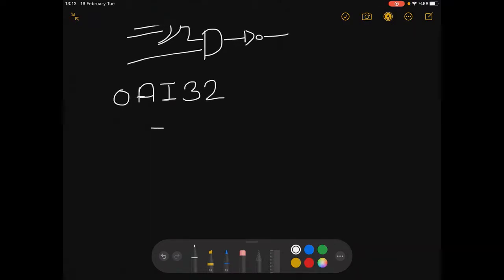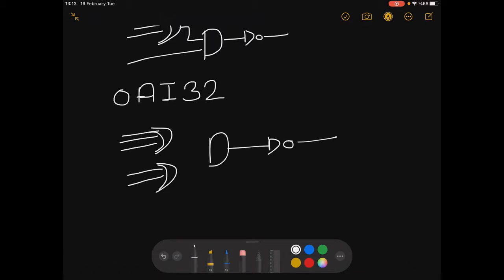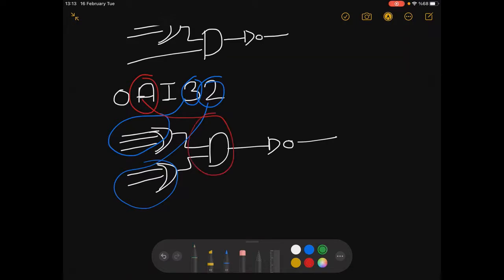What do we mean by this? We have two OR gates connected to an inverter. Have 3, 2, connected to. This is how it goes, right? This one is this one. This one is this one. And your AND gate is here. And your inverter is right here.